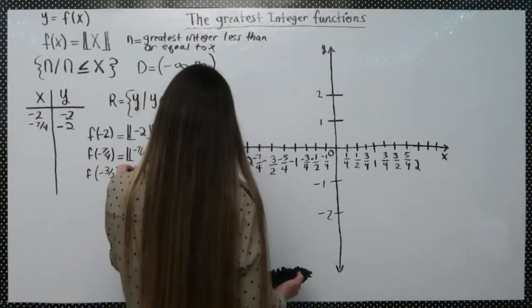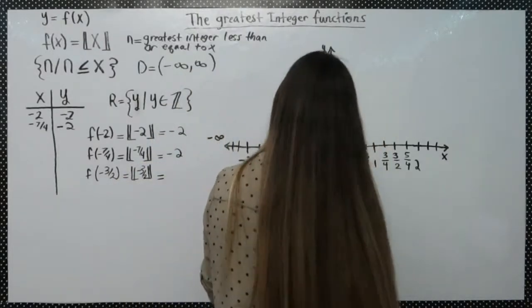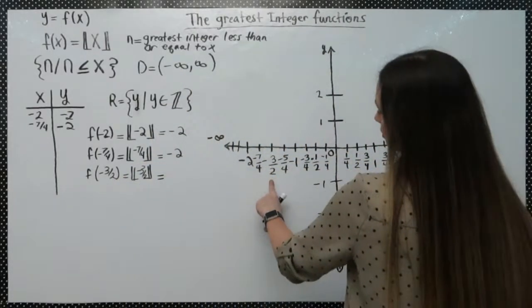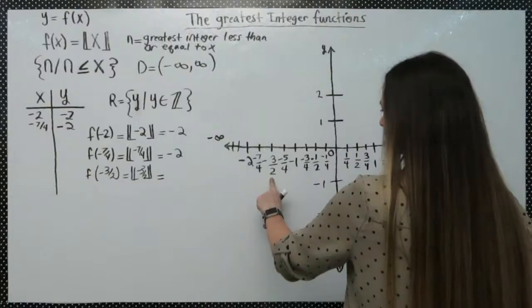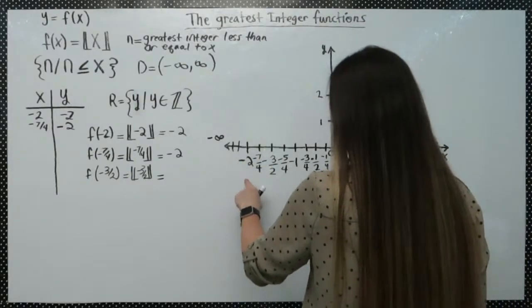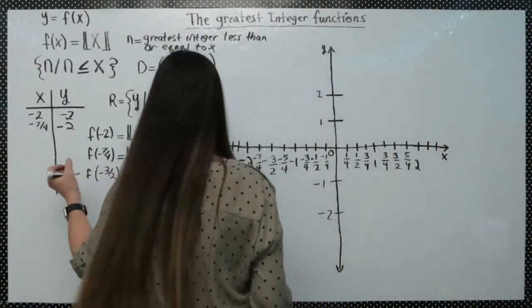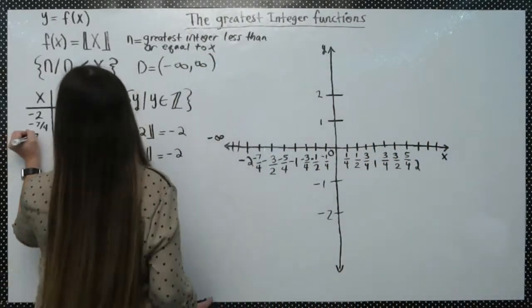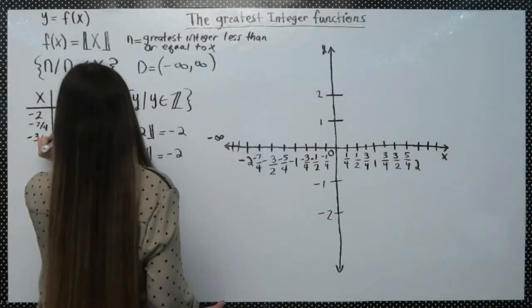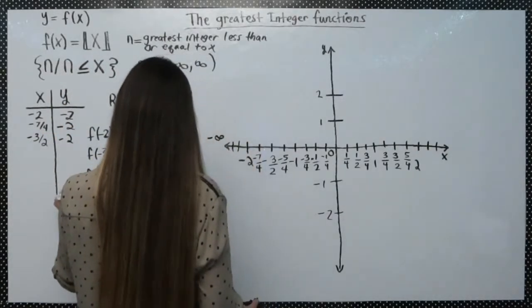And so we've got -3/2. And so I'm looking for the greatest integer that is less than or equal to -3/2. So that's also -2. And so on and so forth.